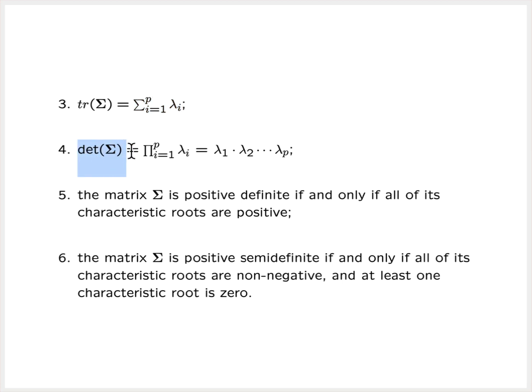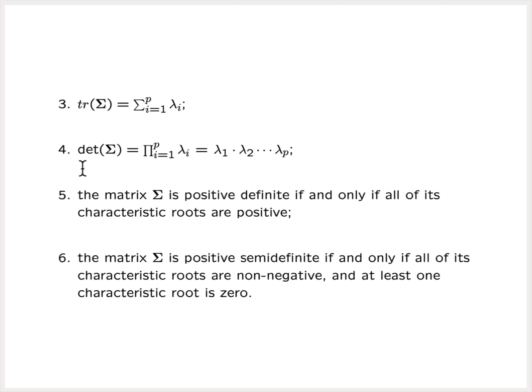Now, what's even more helpful is that the determinant of Sigma is equal to the product of its characteristic roots. We're not going to go into detail about the definition of a determinant and how, in general, it's calculated.